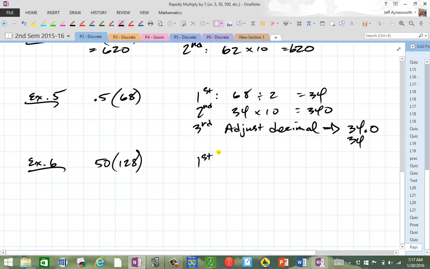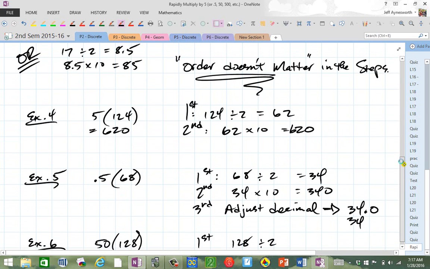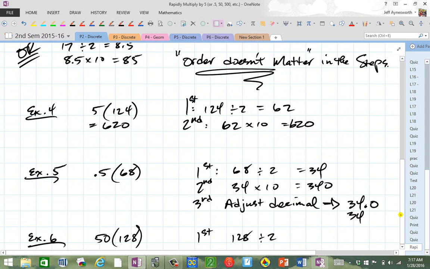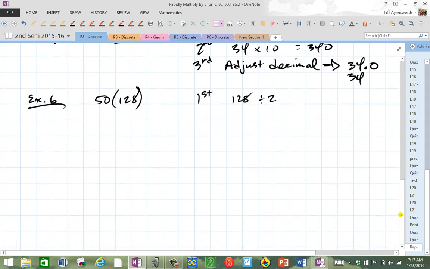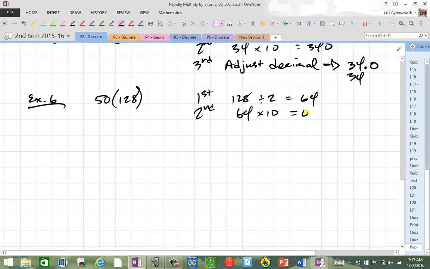So first, we're going to take the number 128. We're going to ignore the 0 here. All right, take half of that, so divide it by 2. Half of 120 is 60. Half of 8 is 4, so this is 64. All right, then you multiply by 10. So you take 64 times 10, and you get 640.